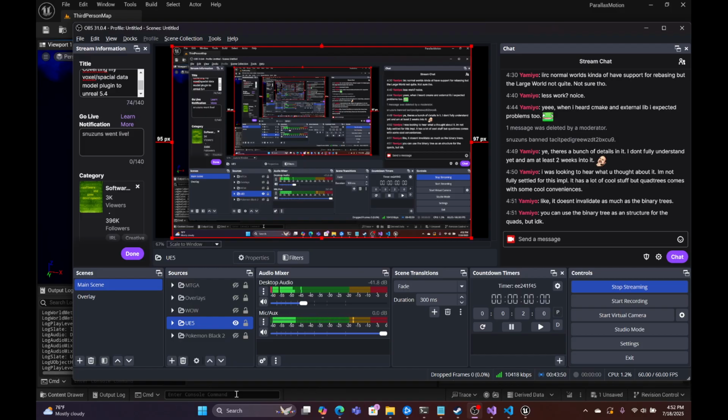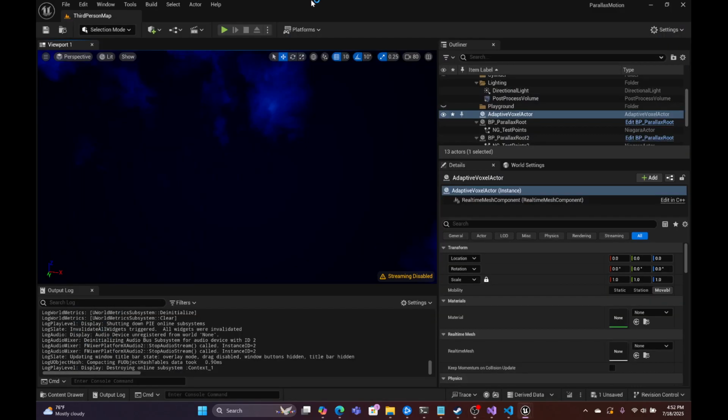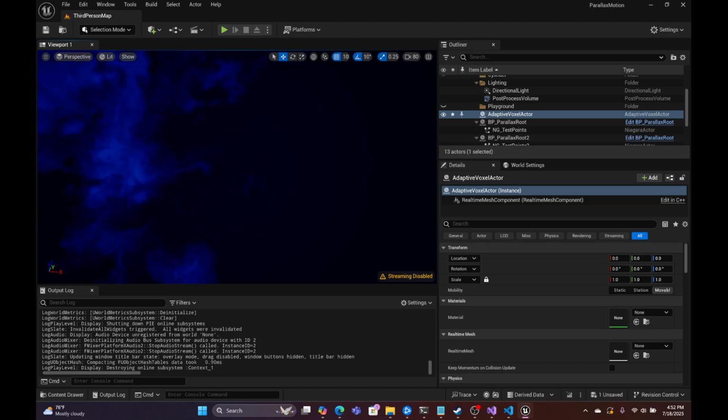But the quad tree is very intuitive. It makes more sense to me as a human to look at that and understand what it's doing than it does to look at the binary trees. The binary trees are very much how a computer would think. You know what I'm saying?